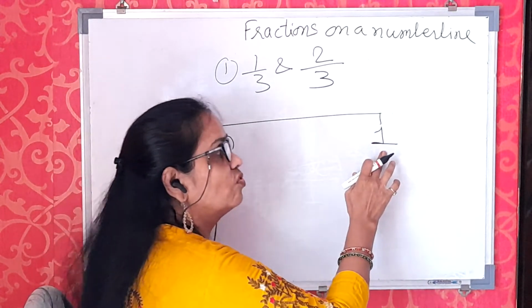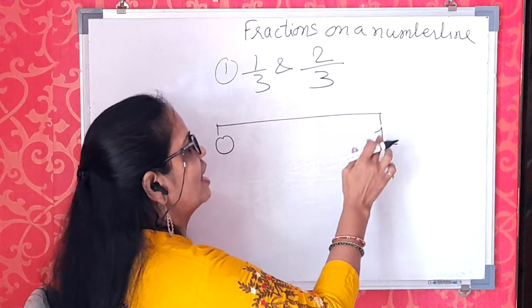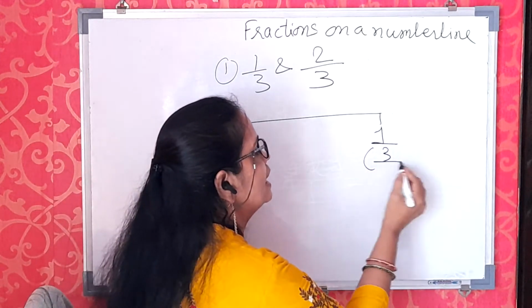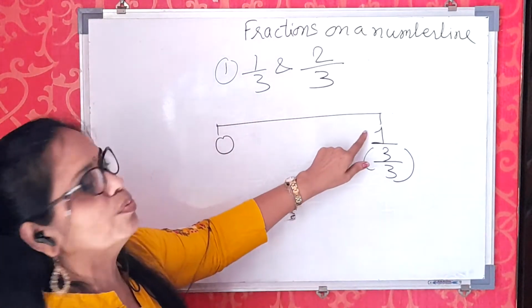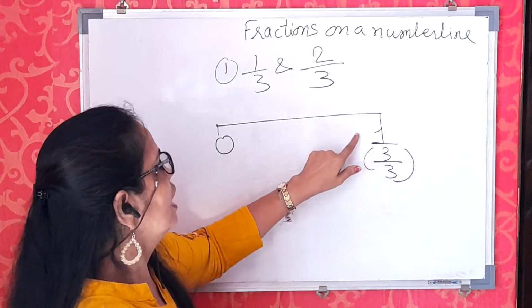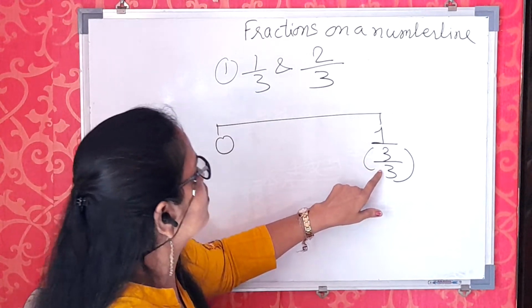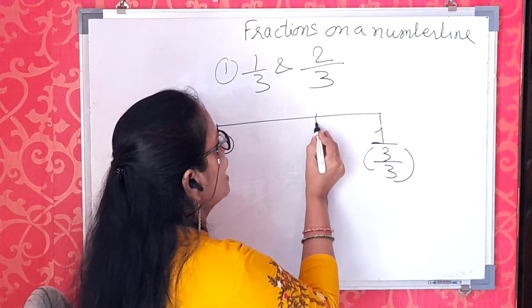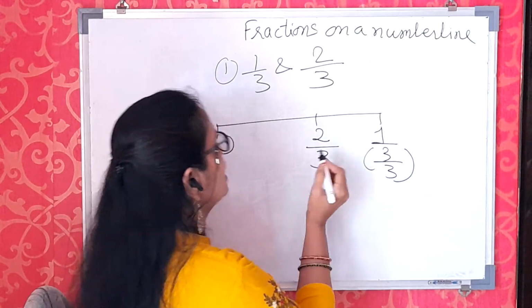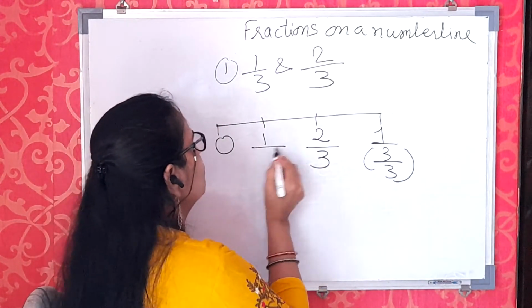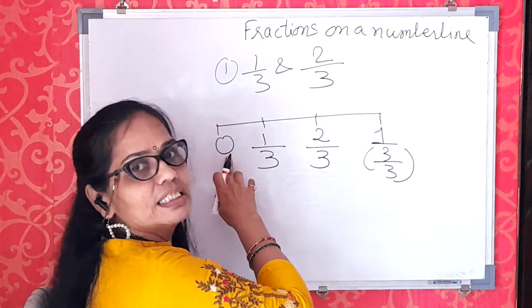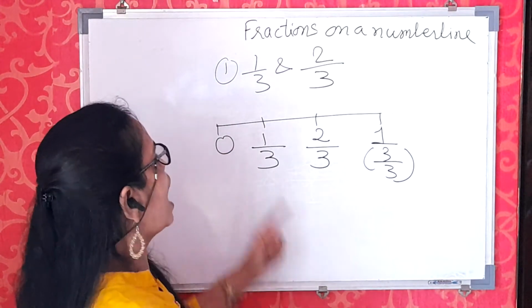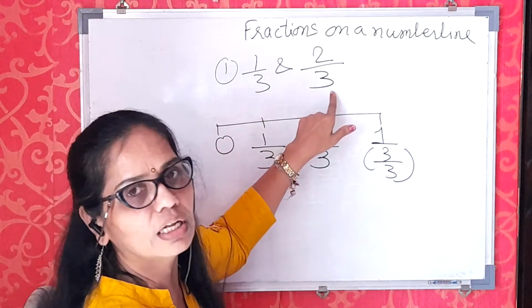Here I want 1 whole, so this fractional number will be 3/3. Then only it would be 1, the whole number. Right? So if this is 3/3, then in equal parts this would be 2/3, this would be 1/3 and this would be 0/3. So I have to show these 2 on the number line.